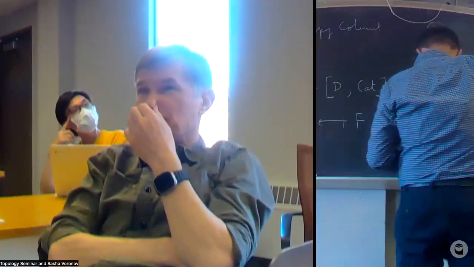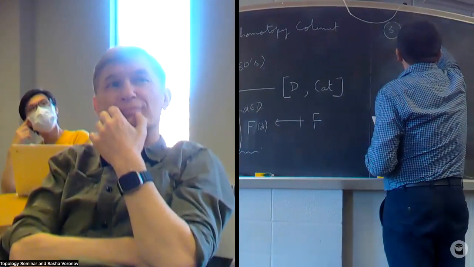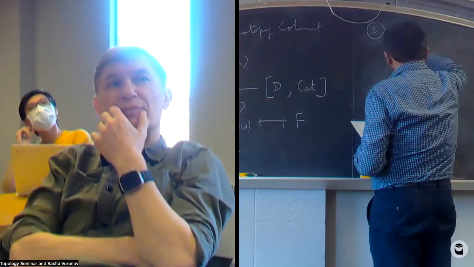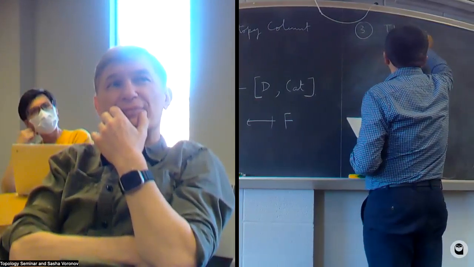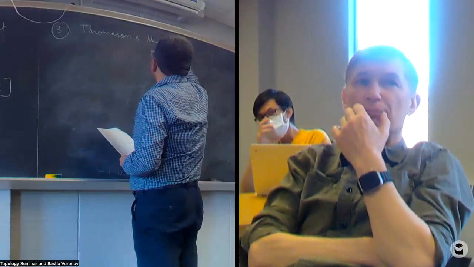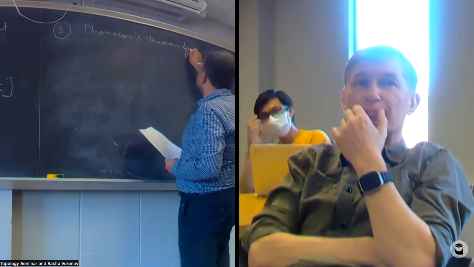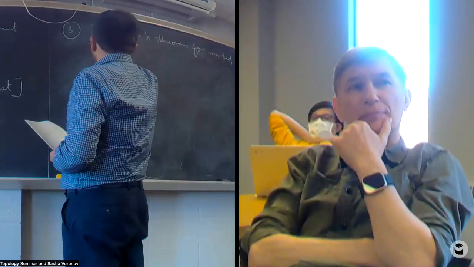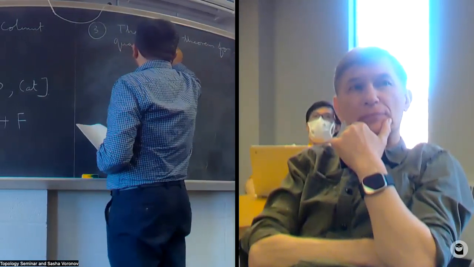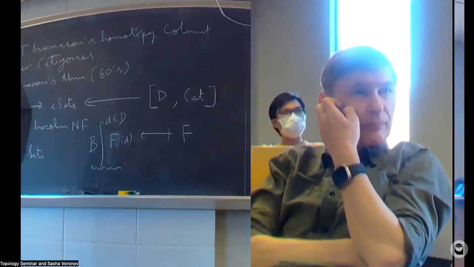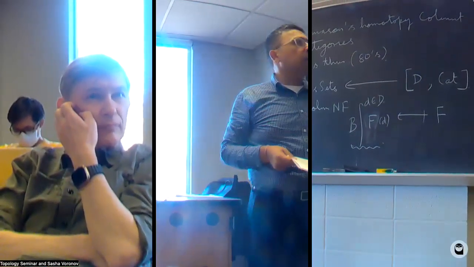Third part of the talk, I would describe Thomason's theory or marked. Now, for that to make sense, I would have to explain what marked quasi-categories are.